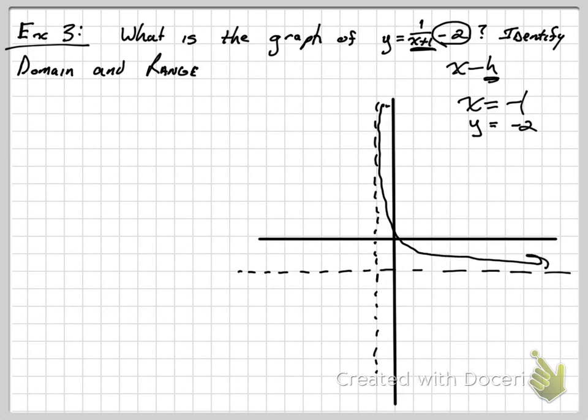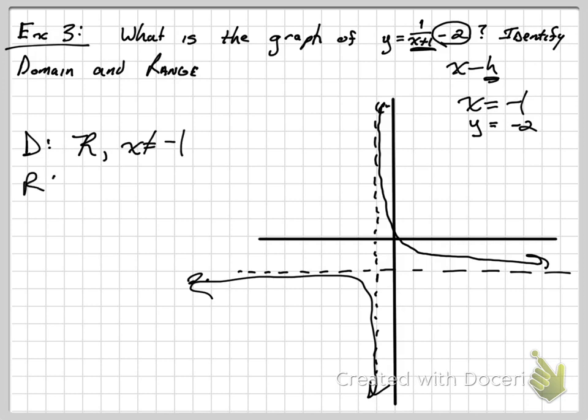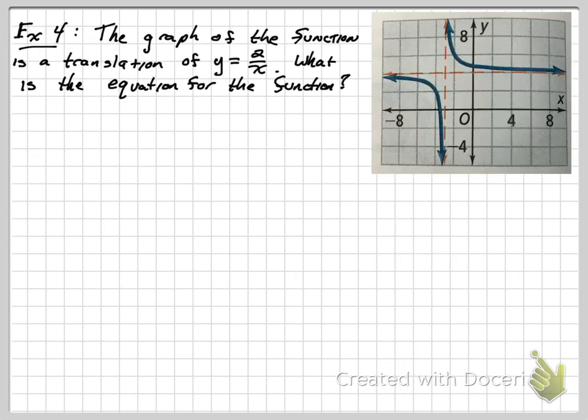So there's the one branch, and here's your other branch. What's my domain and range? My domain is all real numbers except x cannot equal what now? X cannot equal negative 1, because that's my asymptote. What's my range? It's all real numbers. What can't y equal? Y can't equal negative 2, because that's my asymptote. And it's all correlated to each other.